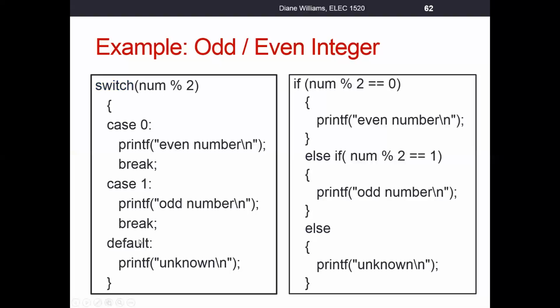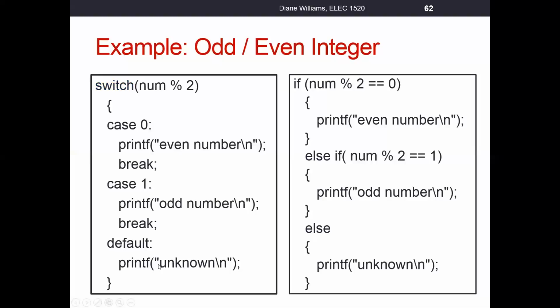Now, a default isn't necessary here, because if you think about it, if num is an integer value, the only possible values can be 0 or 1. This code at the default should never ever execute, unless we've made some sort of logic error somewhere. So you can put a default in here, and in this case, we just went ahead and printed out the message unknown.